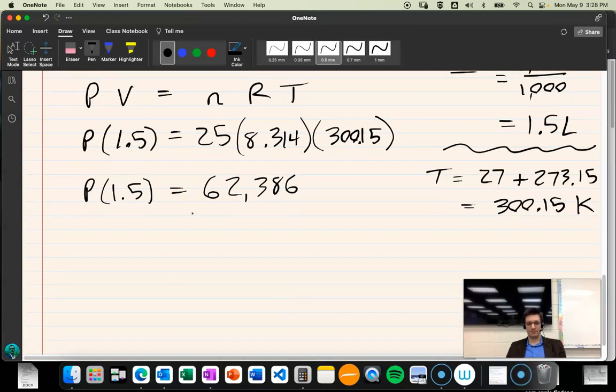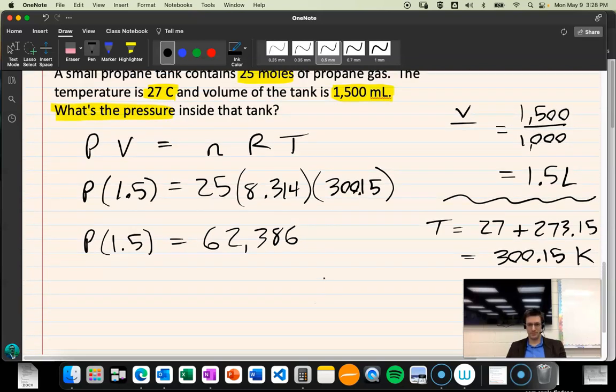Now what do I do? Did my liters, did my number of moles, did R. Yep, this is all looking good. Remember, when I have this simplified down to where I am, divide both sides by the number next to our unknown. I'm trying to get P alone. So if I divide both sides by 1.5, then that's going to cancel the 1.5s.